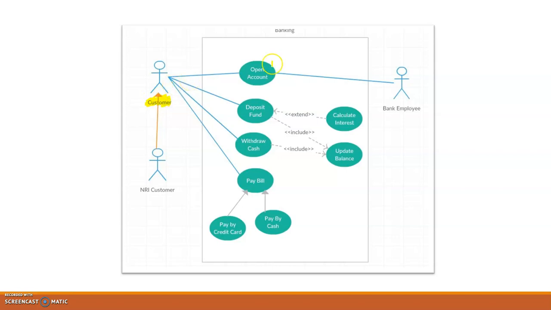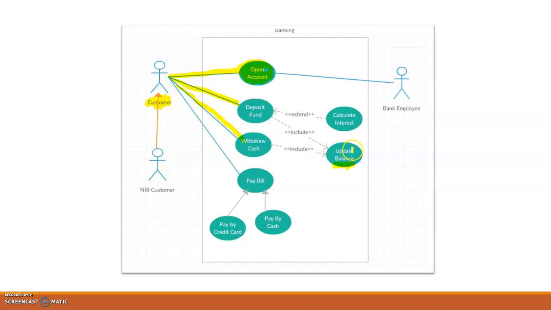And there is one process called open account. Open account is a process which is associated with the customer. So we can say that customer can open an account. Yes. Customer can deposit funds. Yes. Customer can withdraw cash. Yes. Can the customer update the balance? No. The customer cannot update the balance, right? Update balance is something which is done automatically, right?